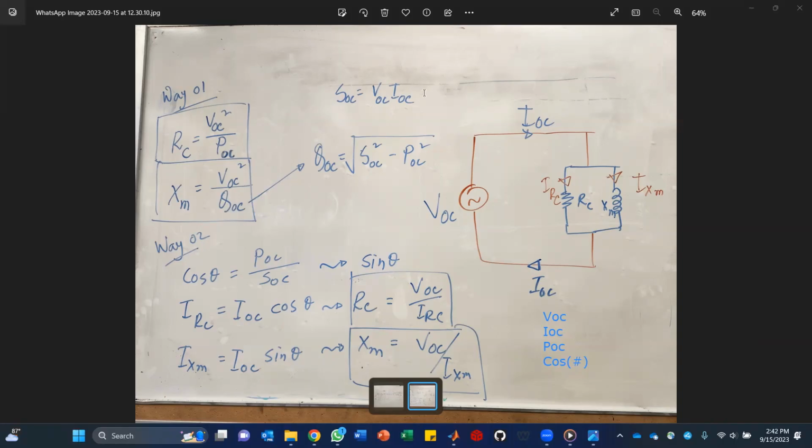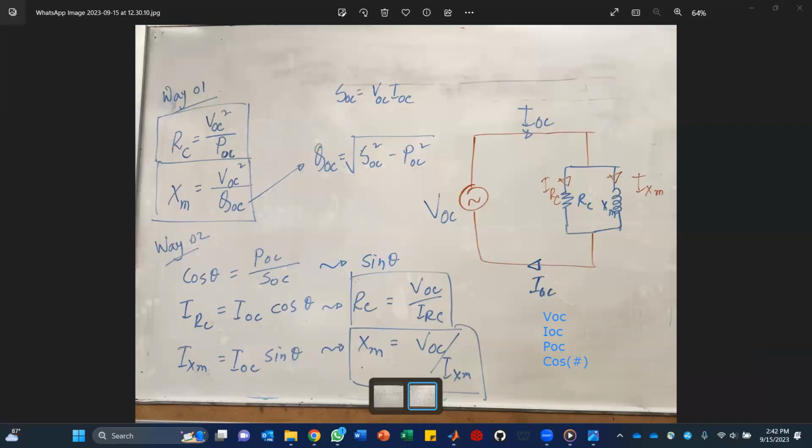But we know this, right? So what we can do is calculate the apparent power with this equation, and then using this equation, we can calculate Q sub OC. So using these three formulas, we can calculate X sub M.